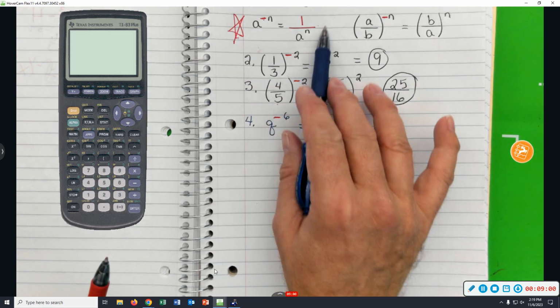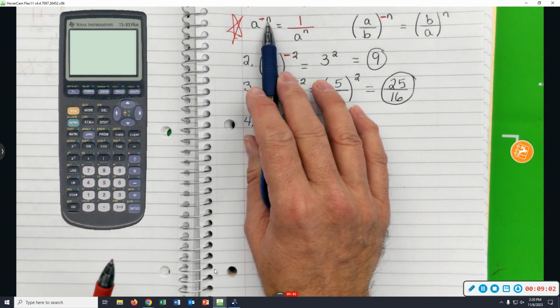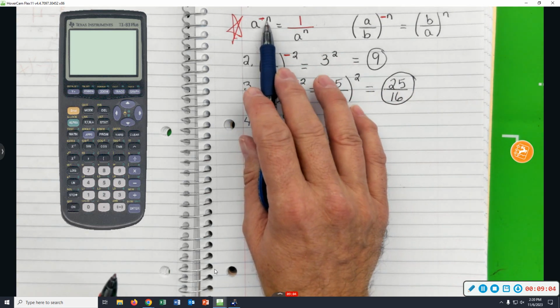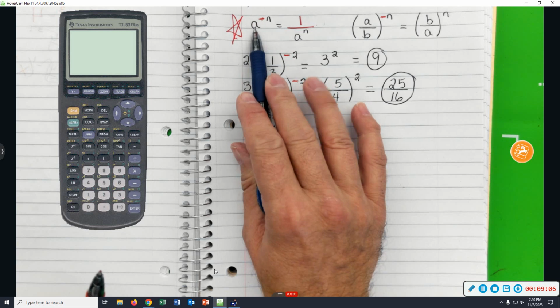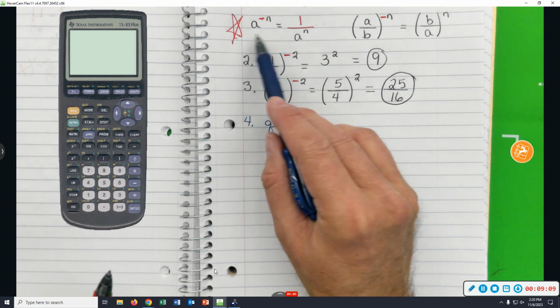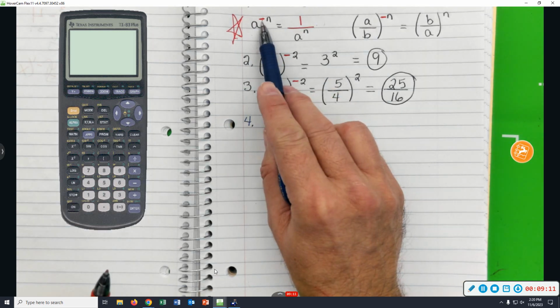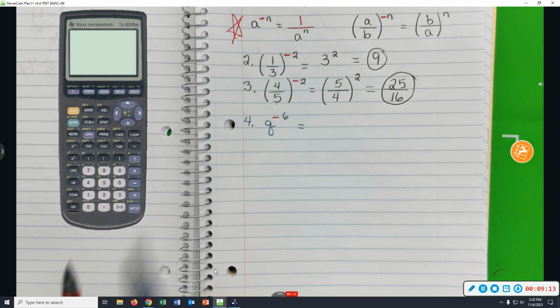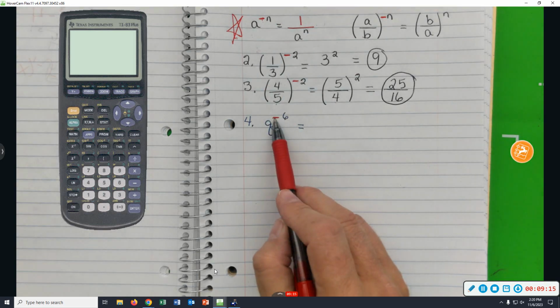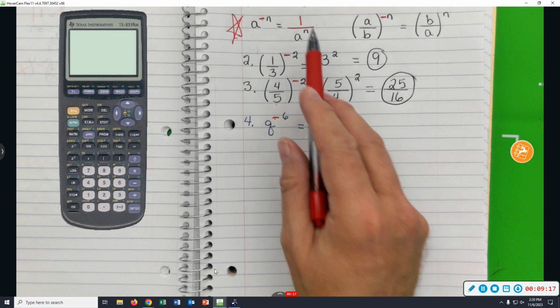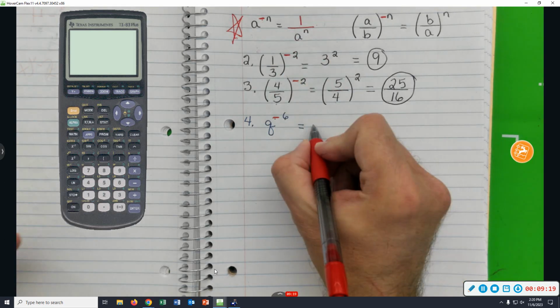We're just going to use this first one. q to the negative 6. What this first rule says is if you just have not a fraction raised to a negative, then the negative exponent just means 1 over. So in place of this red negative, I'm going to put a red 1 over.